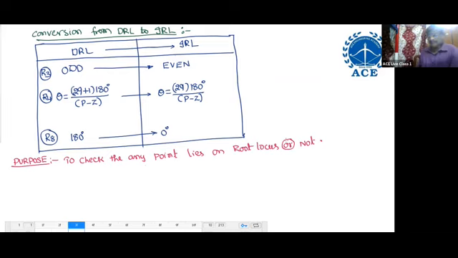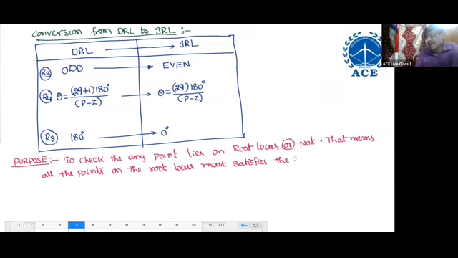That means all the points on the root locus must satisfy the angle condition.